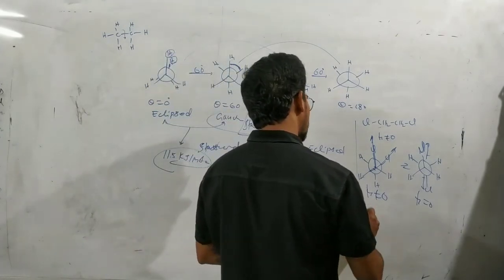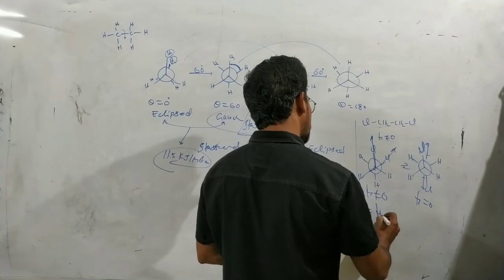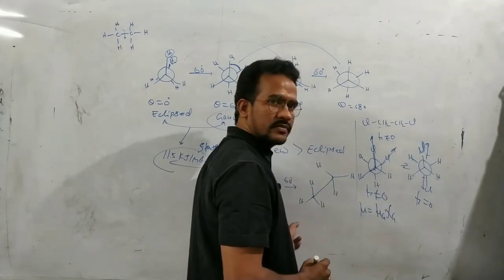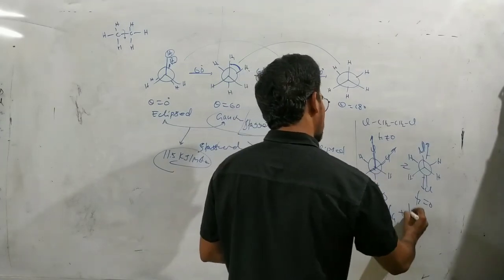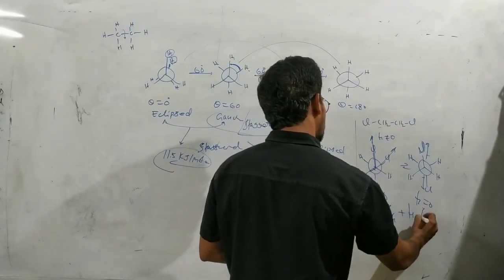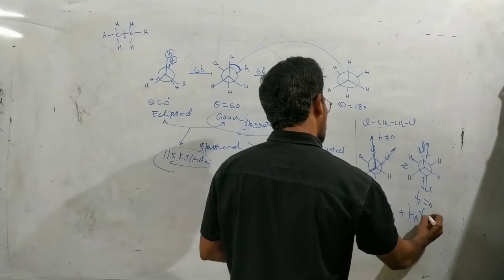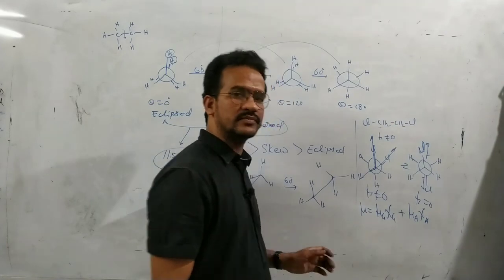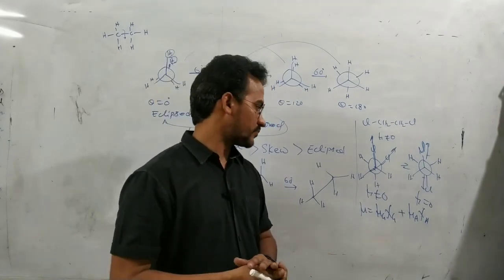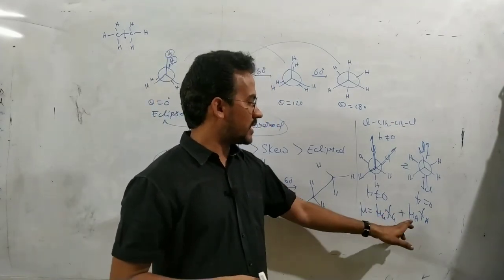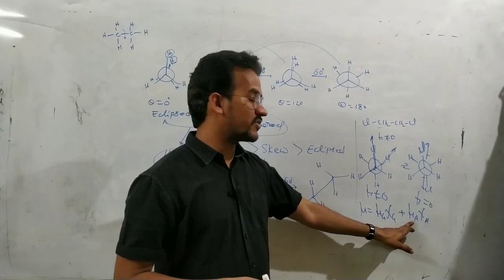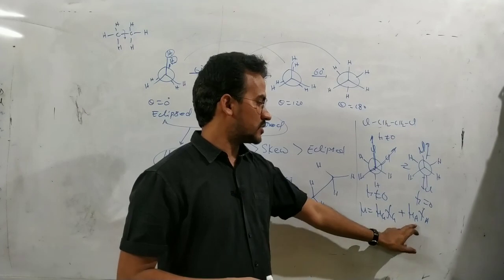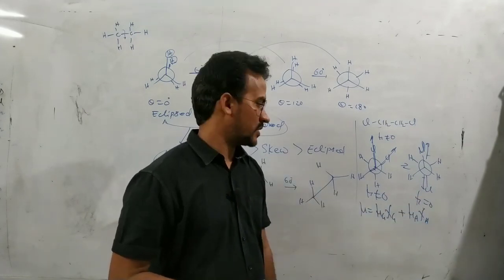In this case, the total dipole moment equals the dipole moment of the gauche conformation times the mole fraction of the gauche conformation, plus the dipole moment of the anti conformation times the mole fraction of the anti conformation. Of course, here the dipole moment of the anti conformation is 0, so this term becomes totally 0.